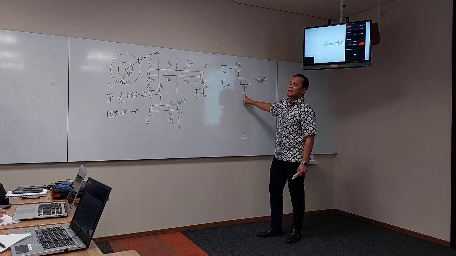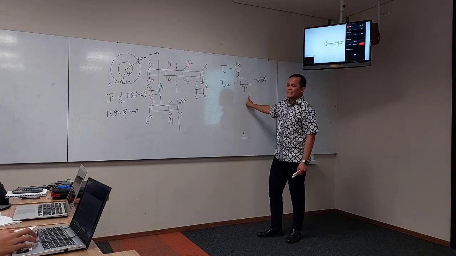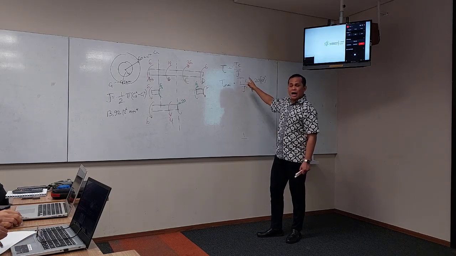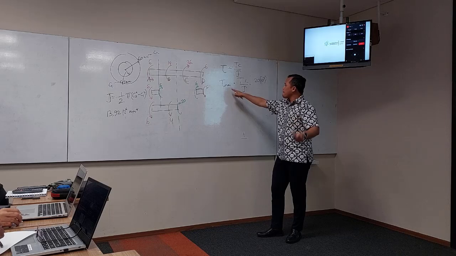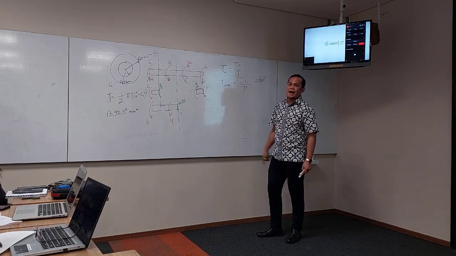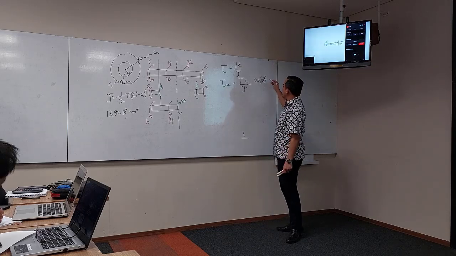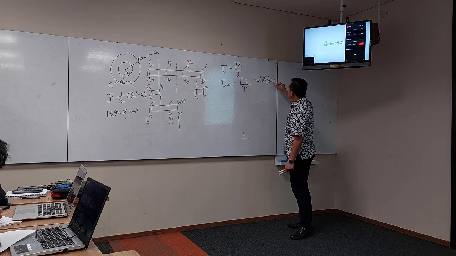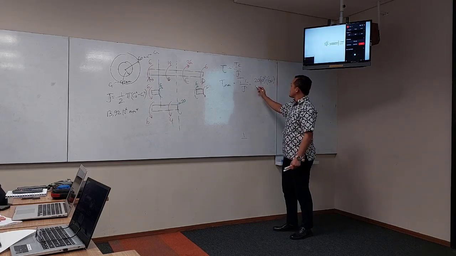C, not J. I'm not talking about J, I'm talking about C. The outer radius, because I'm asking for the max. The max is generated at the surface. So C is 60 millimeter, divided by J.